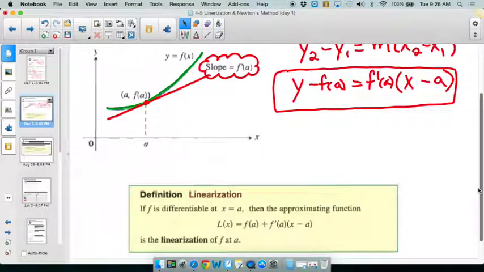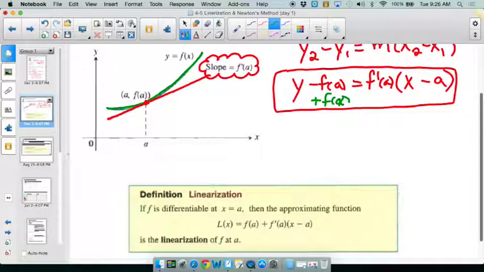If you look at this and you look at this, how did they rearrange this to get this expression here? They added the f of a. Yeah, they just did this. Let's solve for y.